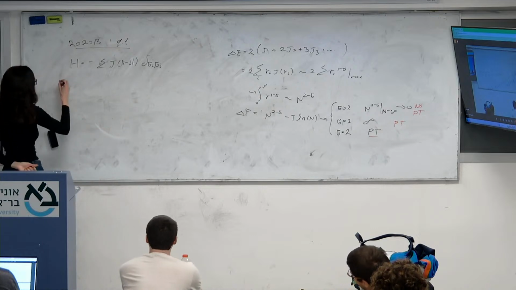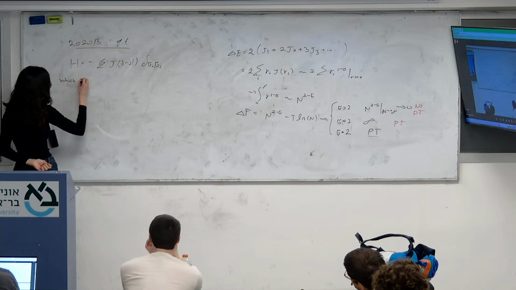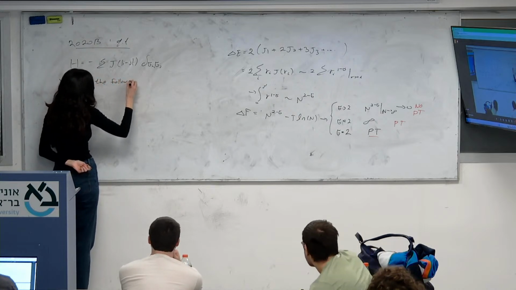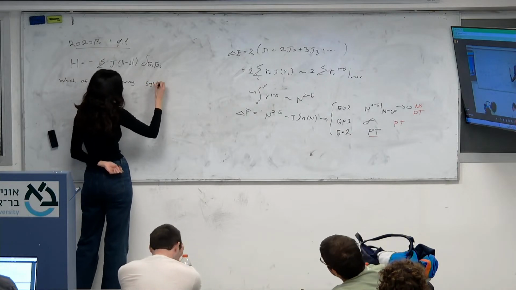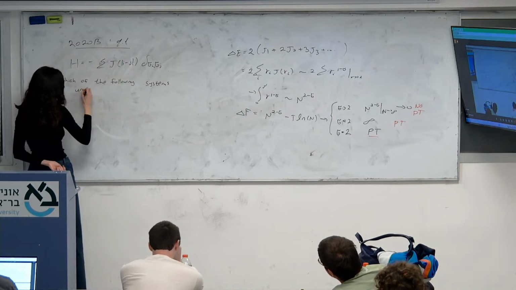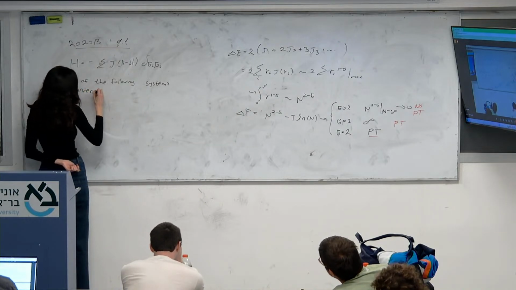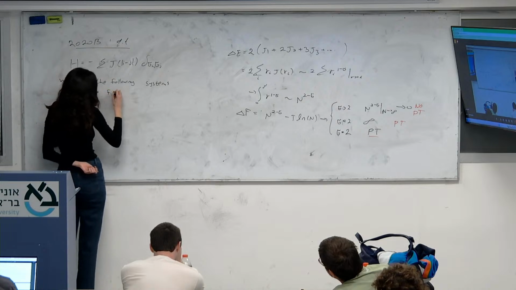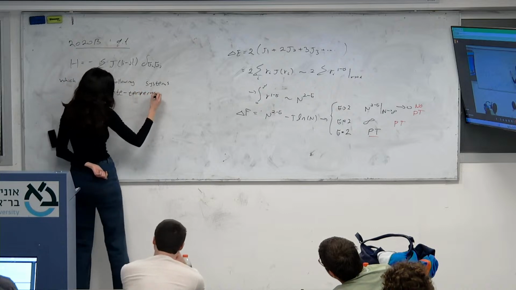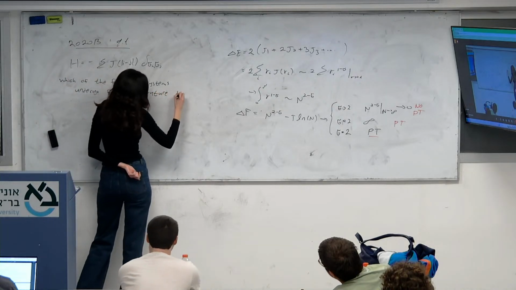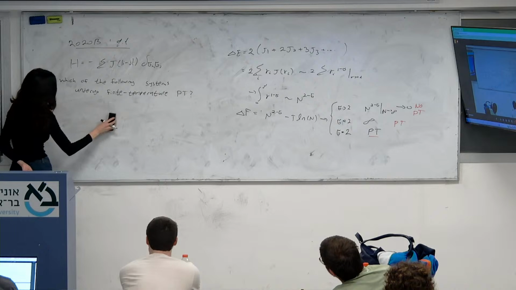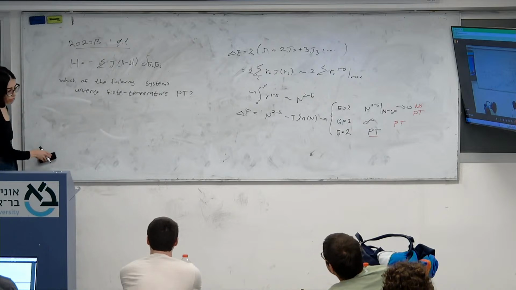The question is which of the following systems undergo a finite temperature phase transition?